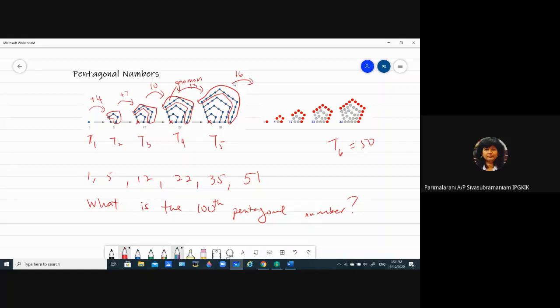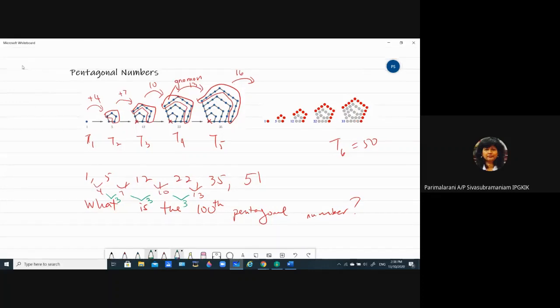A bit difficult to derive the formula, okay? What's the pattern here? We know it's plus 4, plus 7, and then plus 10, plus 13. That is the first difference. But if you look at the second difference, it is plus 3, 3, 3. So you know there is a regular pattern here, okay? So let's go back and see how we can derive the formula here.